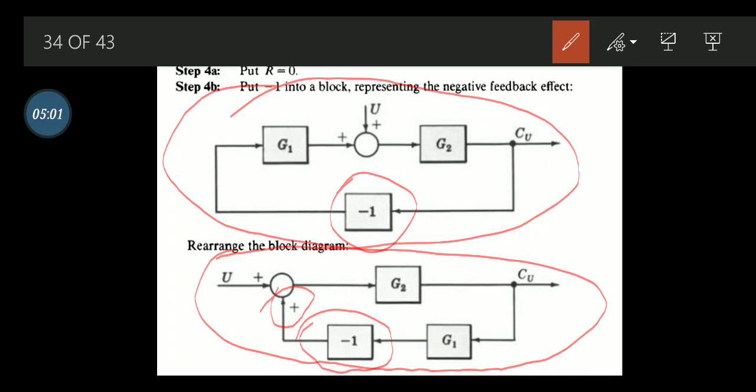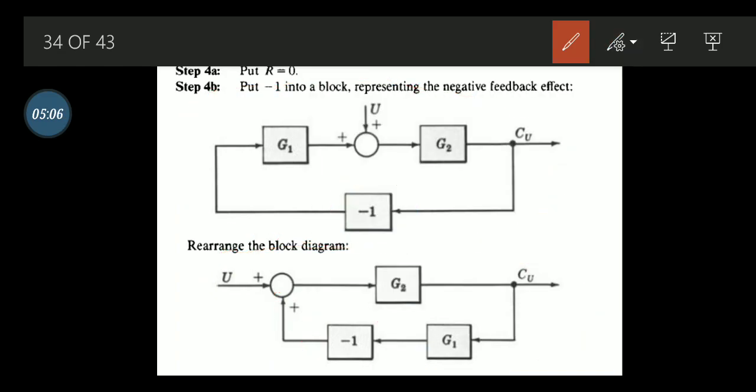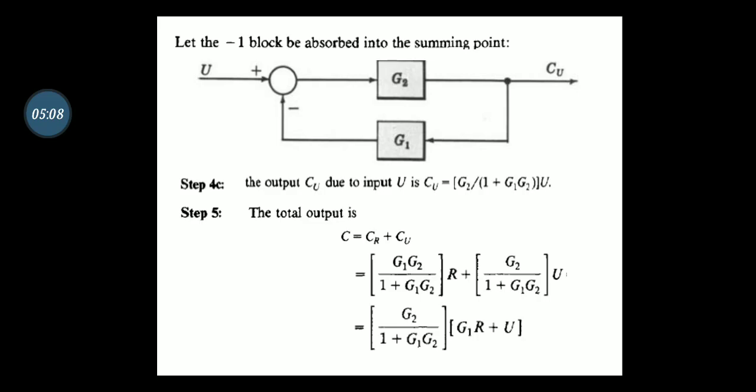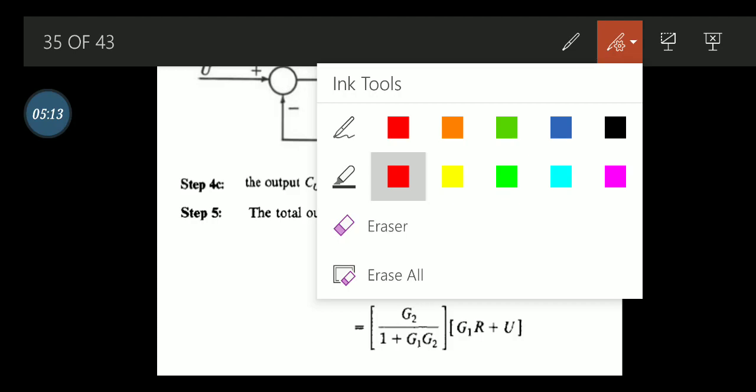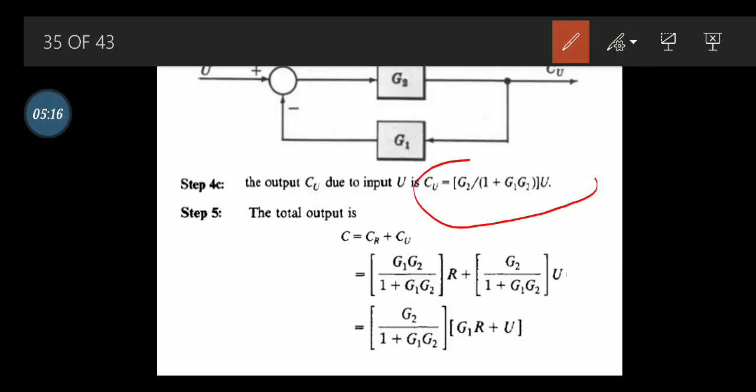Now write the equivalent output response of that particular block diagram, which is represented here. So the output C suffix U due to input U alone is equal to Z2 divided by 1 plus Z1 Z2, into U. Now step number 5: the total output is the sum of these two output responses, that is C equals C_R plus C_U.